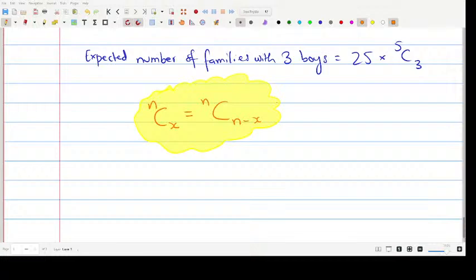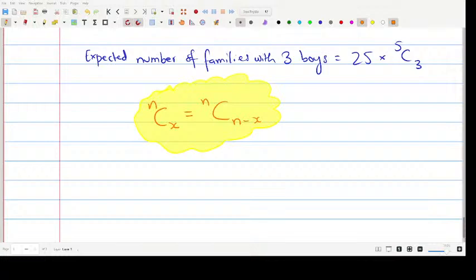It says that if there are, let's say, 5 children in a family, and we are finding the number of ways in which there can be two boys among the 5 children, that is the same as the number of ways in which there can be 3 girls or maybe 3 boys. Here the probability of boys and girls is the same, so it doesn't make much difference, but this relation is mathematically correct. In this problem, we have exactly the kind of interpretation that we need.